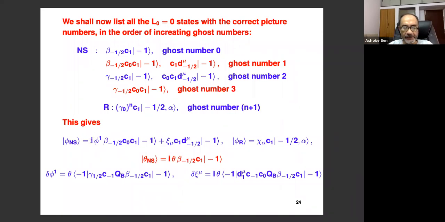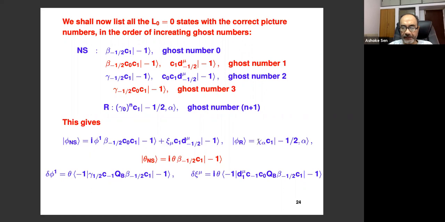With this i, the real string field corresponds to real phi 1. But the main point is that you take a basis state and multiply by an arbitrary coefficient phi 1, and another basis state you multiply by an arbitrary coefficient xi mu. And so the string fields in the NS sector are this collection of variables phi 1 and xi mu.